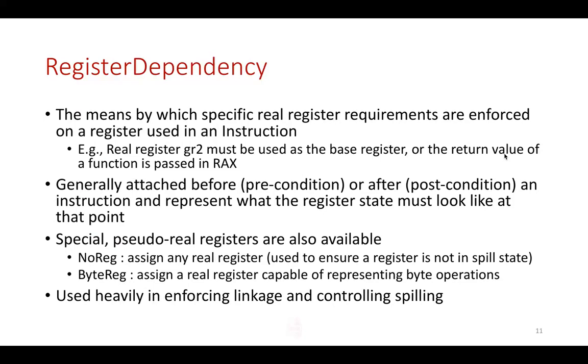I've got two of them here, probably the most common ones. You can also specify what's called a no-reg dependence. What you're saying is that I have some virtual register, let's say GPR 396, and I don't really care what real register you give it. Just find it a real register and make sure that it's assigned at this point.